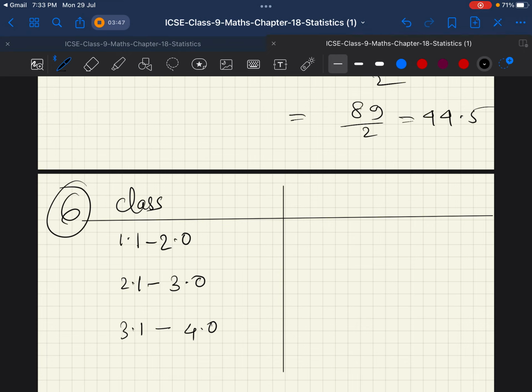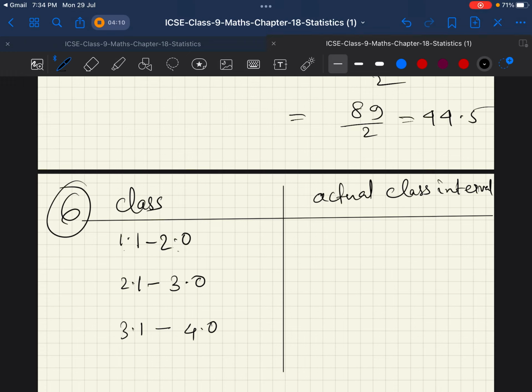So this is the class interval, and after adjustment, the actual class interval, the adjustment factor is 0.5.